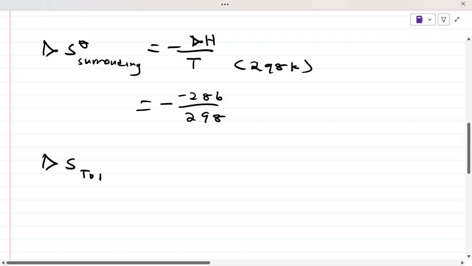You are going to have our delta S total to be delta S of the system plus delta S of the surrounding.